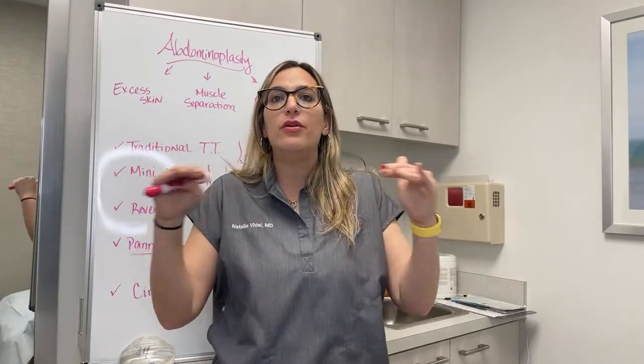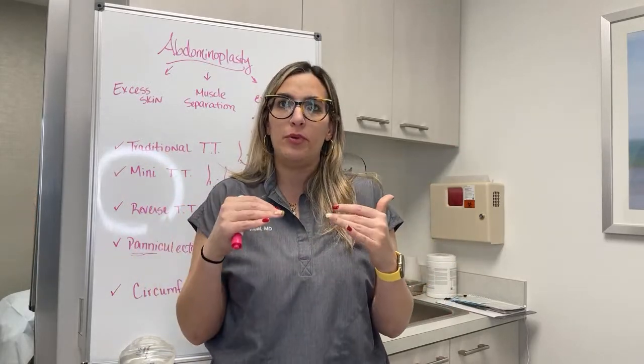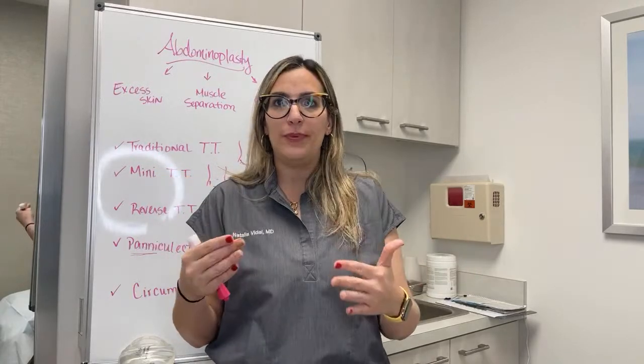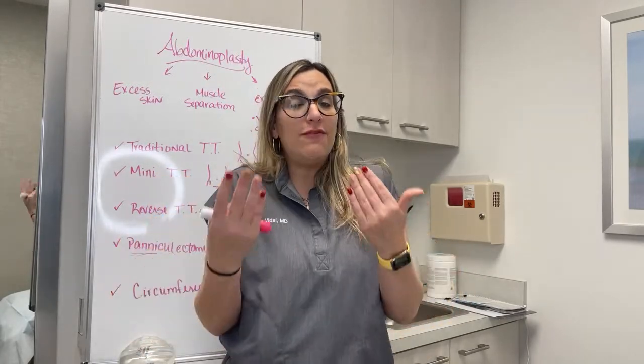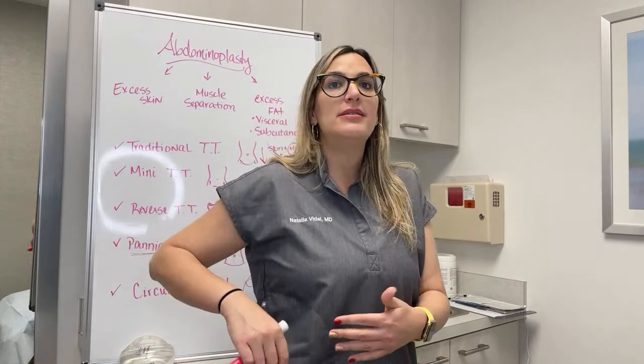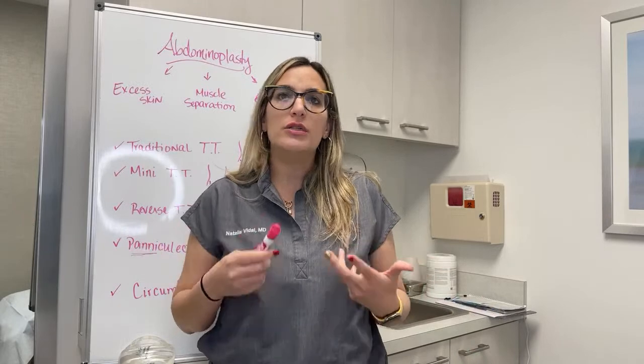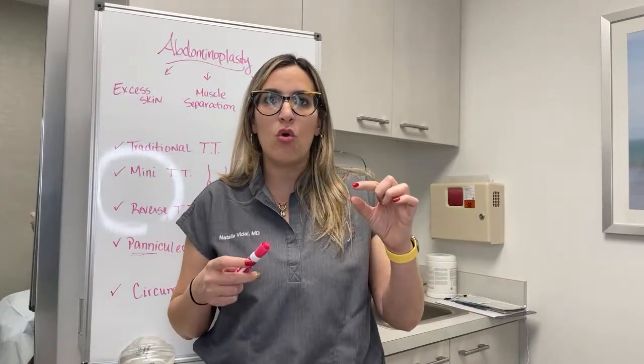There's a limit, and there are some drapes and towels that I place sterilely to mark the area that is clean and where I'm operating. So if you have excess skin that extends past that, sometimes you end up with a little bit of a dog ear, which is basically excess skin in that corner, that edge of the scar.